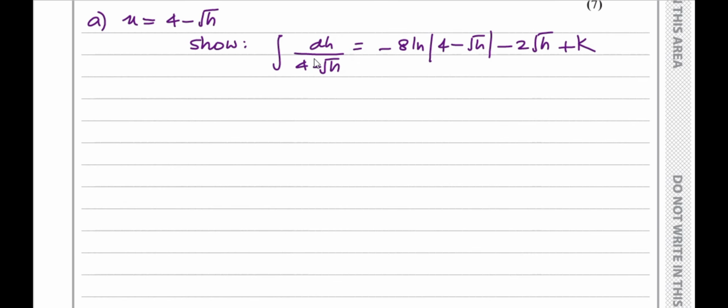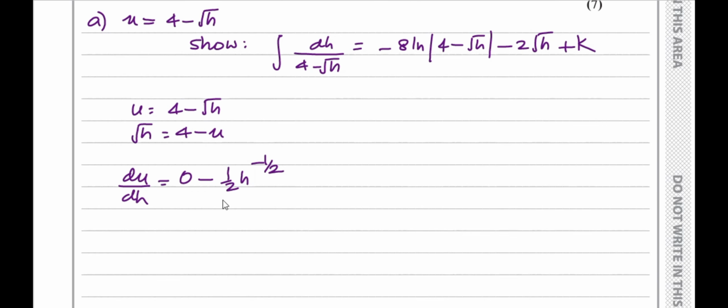So let's start. u equals 4 minus square root of h. Therefore, square root of h equals 4 minus u. Also du by dh equals 0 minus half h to the power of minus half.